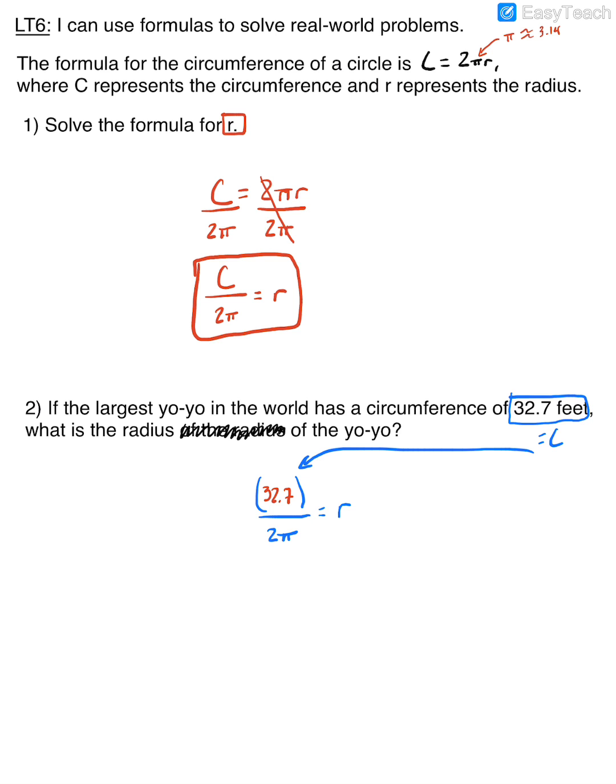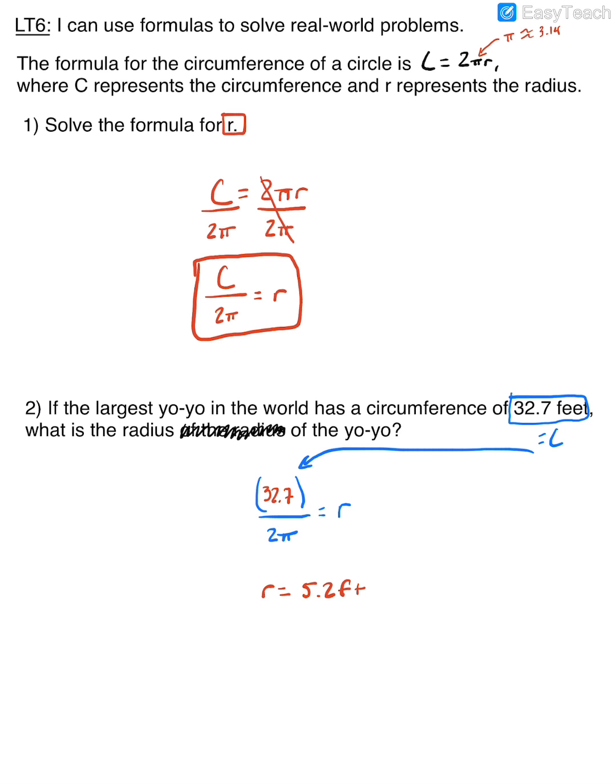Okay, so then from there, now it's just a matter of dividing the two with one another. So here, R is going to equal 5.2.